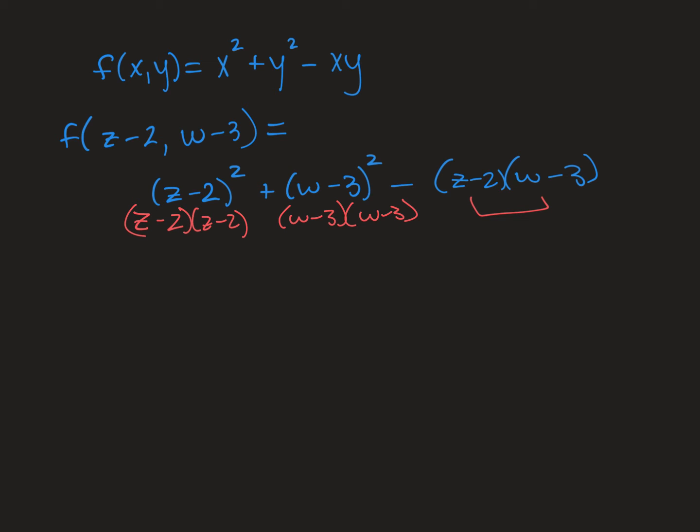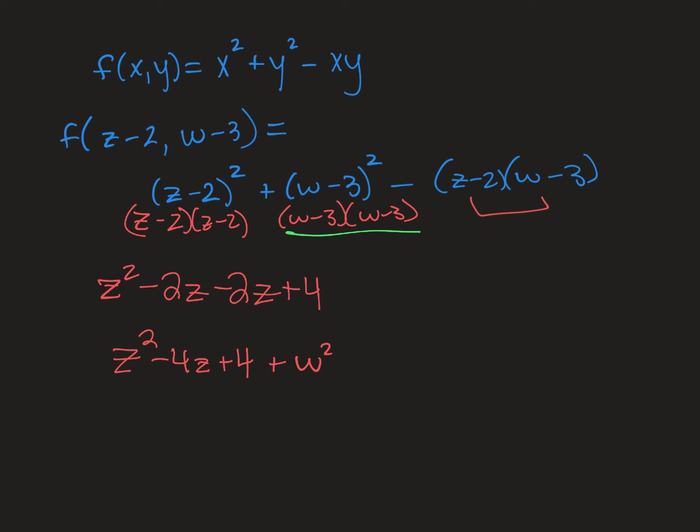Foiling that first one, we get z squared minus 2z minus another 2z plus 4. That's going to reduce down to z squared minus 4z plus 4. Then we're going to do w. Actually, let me FOIL that in a different color here.